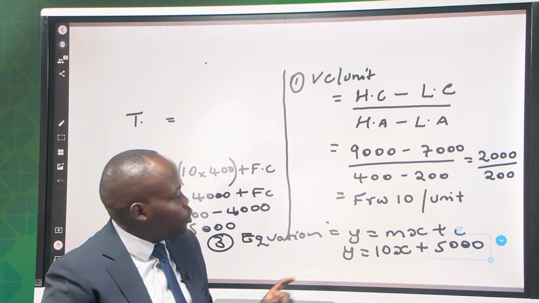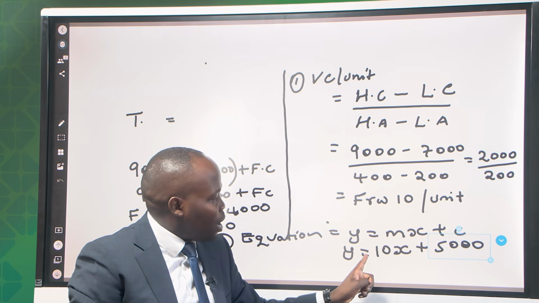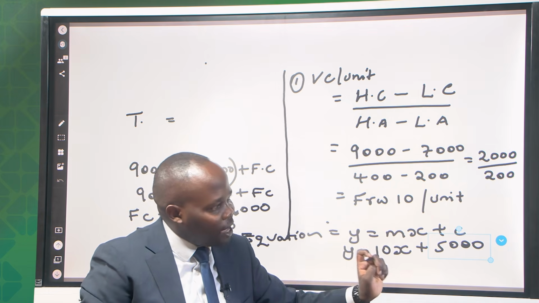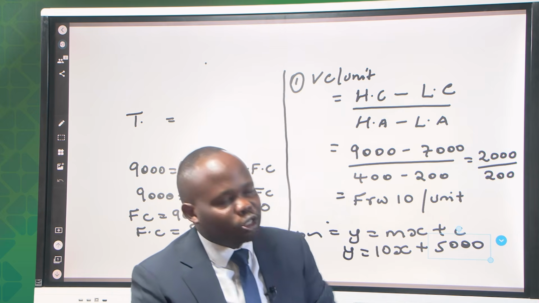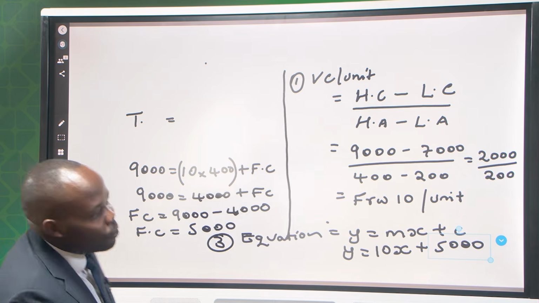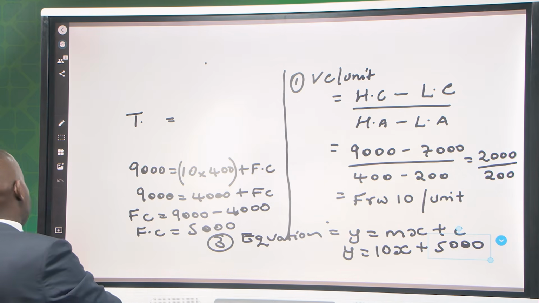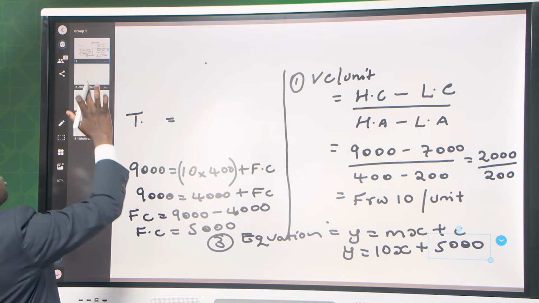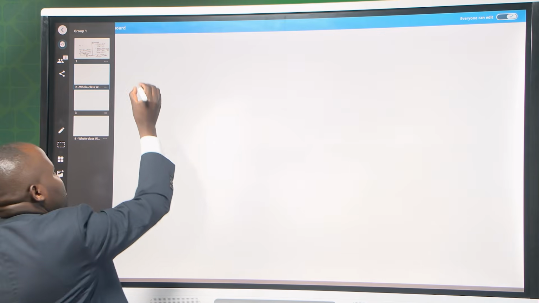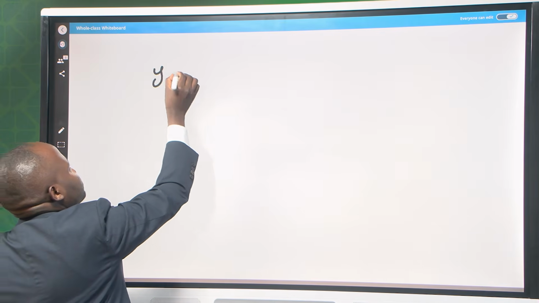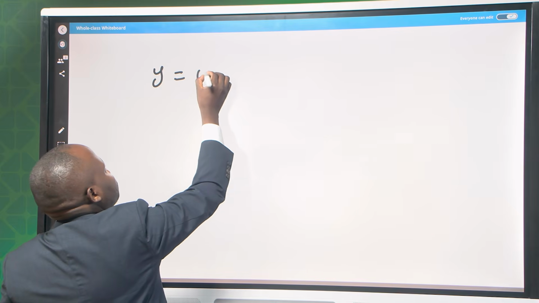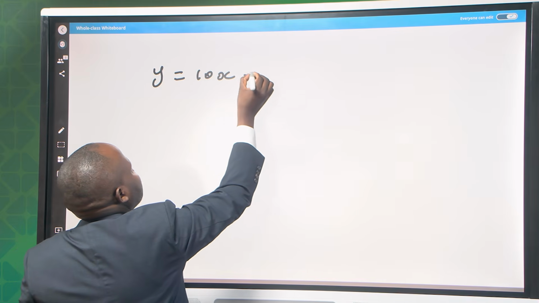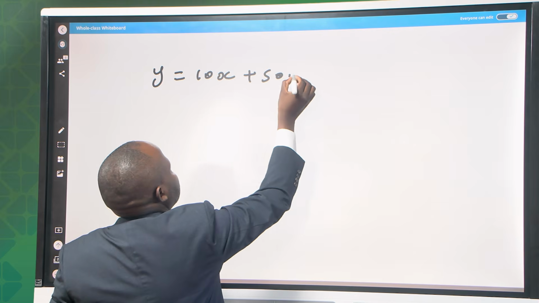So with this equation, y = 10x + 5,000, we can now estimate the total cost of producing 350 units. So if you want to produce 350 units, we have seen the equation is y = 10x + 5,000.